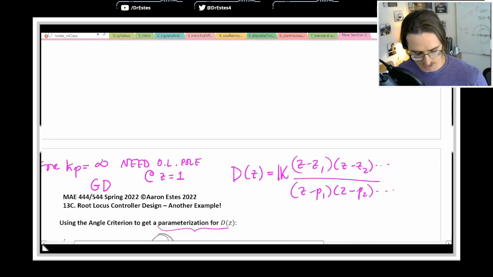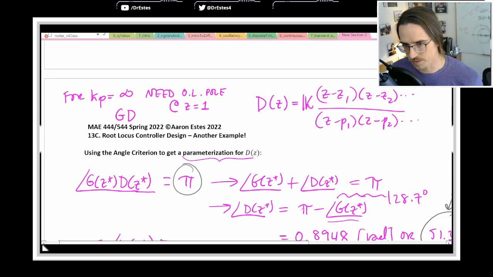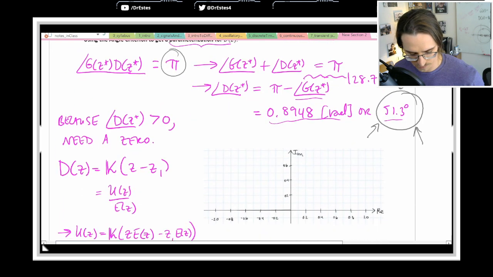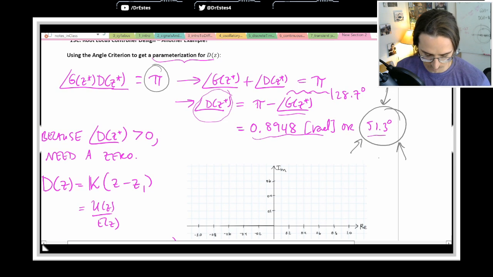So the first step, there's 2 criteria for the root locus method. The first one's the angle criteria. I won't go through all the details here, but the angle criteria dictates that the angle contribution of our controller, so the angle of D evaluated at z star, has to be 51.3 degrees.